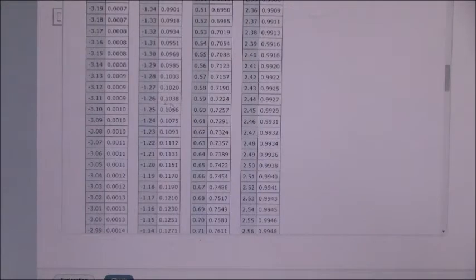There it is, 0.1038. You can see it gives us the same value, negative 1.26, corresponding to that. So if I'm finding the area to the right, I'm going to do 1 minus that value, both in my inverse normal and if I do my table.